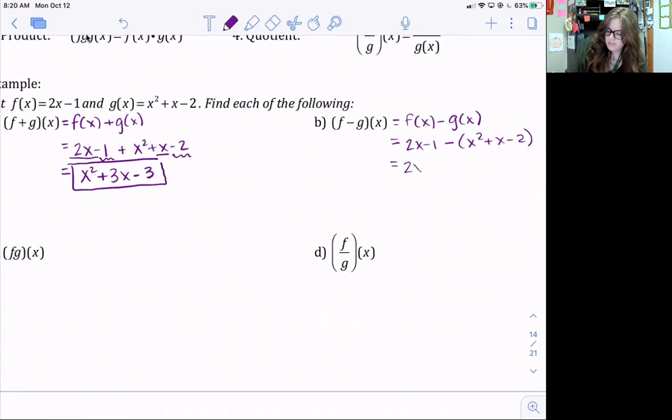So we have 2x minus 1 minus x squared minus x plus 2. Okay. And then combine like terms. So we have negative x squared. 2x minus x is plus x. And negative 1 plus 2 is plus 1.